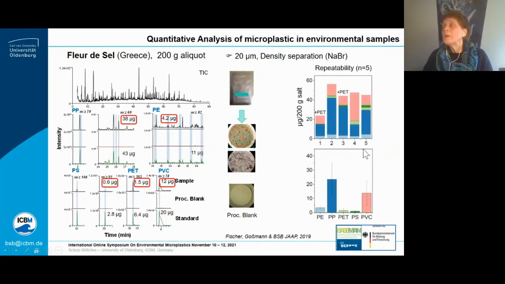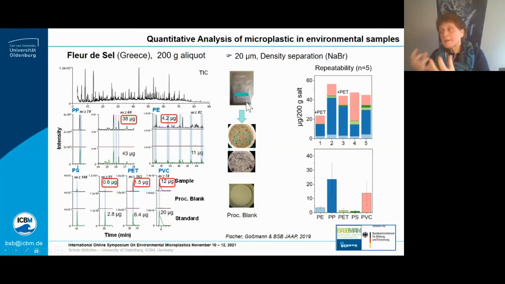If you do replicates, you see the repeatability of a natural sample is changing because you have particles, and you have only small amounts. So it is not a good way to homogenize the sample, and also to mill the sample might have a high danger of secondary contamination.